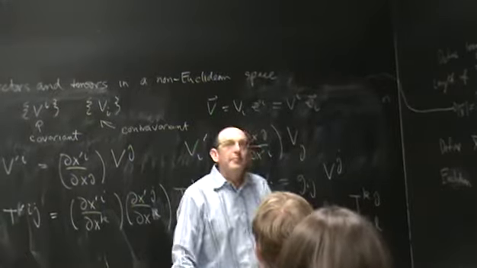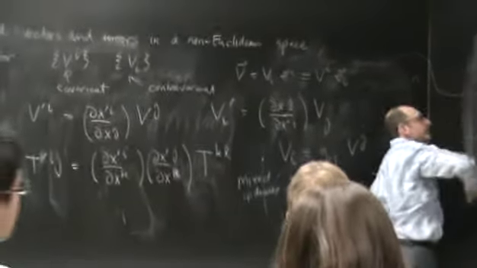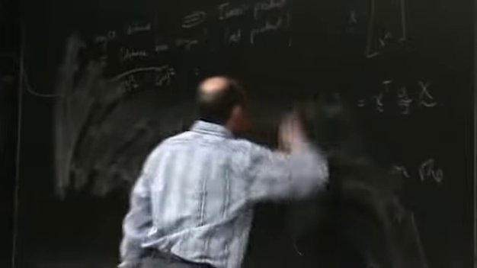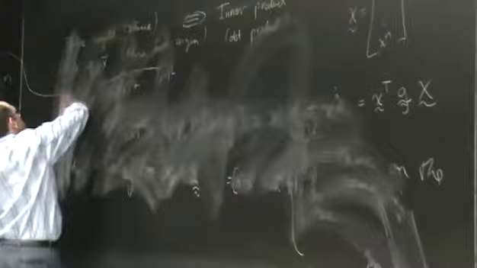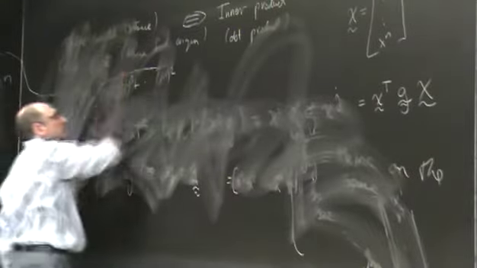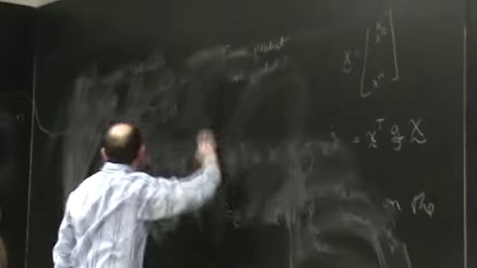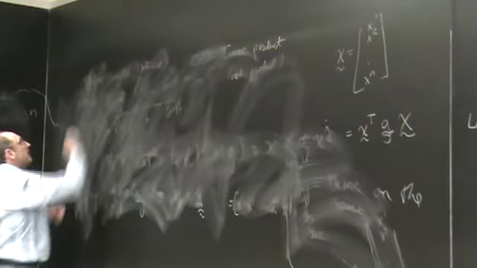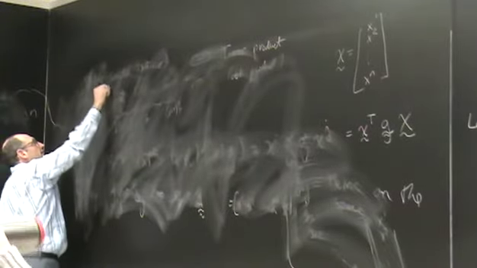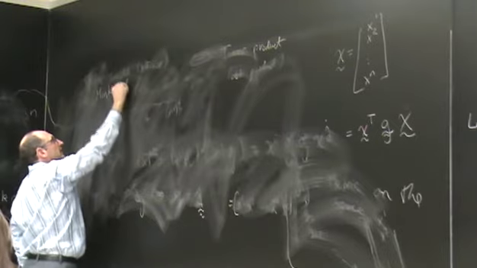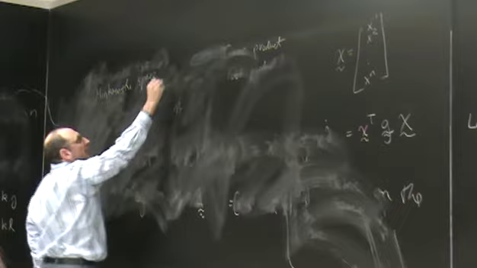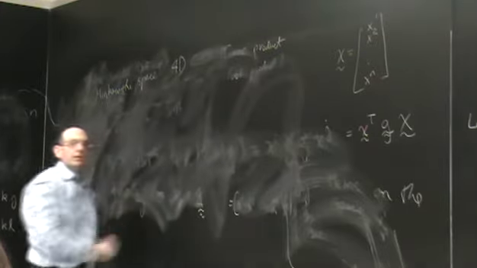All right, let me conclude with this to say now, what does this mean for Minkowski space? So, Minkowski space is 4-dimensional.